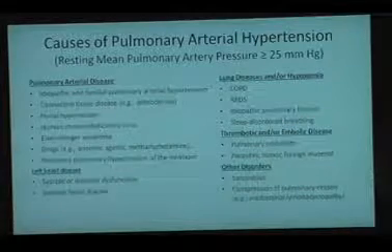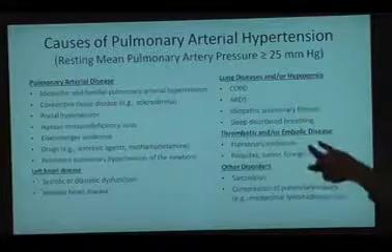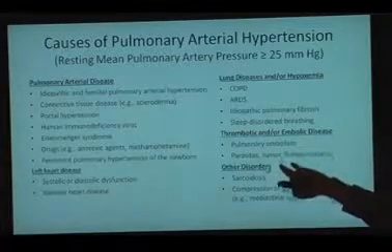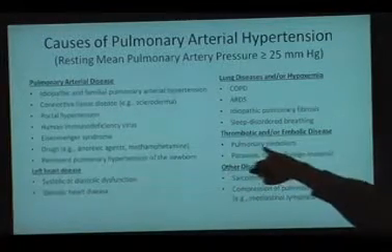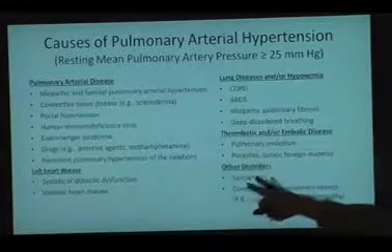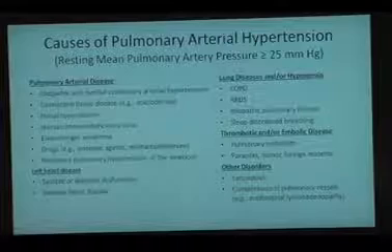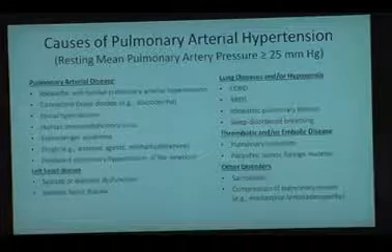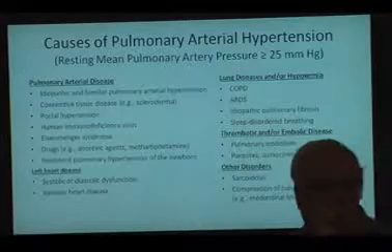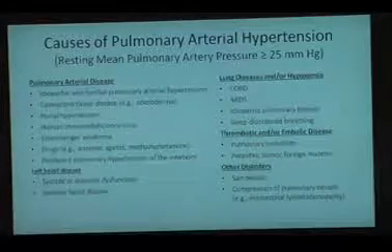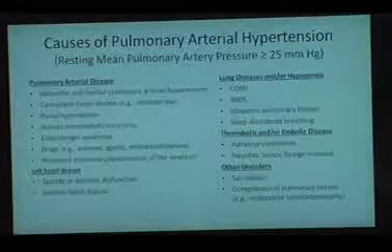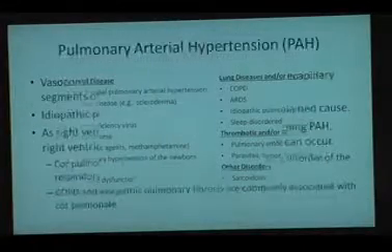It can be the result of thrombotic or embolic disease, pulmonary embolism primarily, and we'll talk more about that in a minute. And then other, more rare things can cause pulmonary arterial hypertension. So a lot of things can cause it, so perhaps it should not be surprising that we see patients as often as we do who have high pulmonary artery pressures.